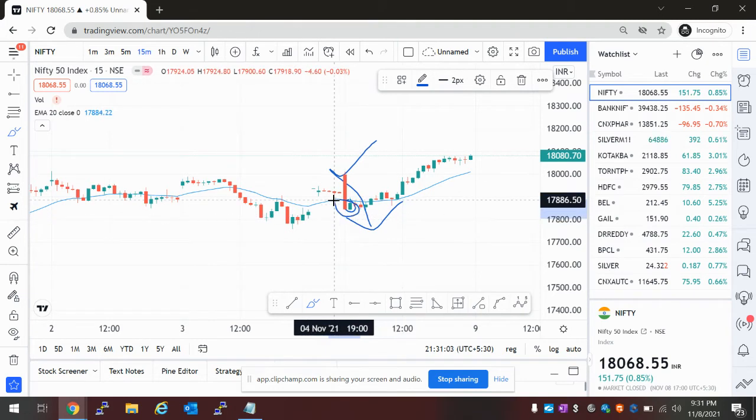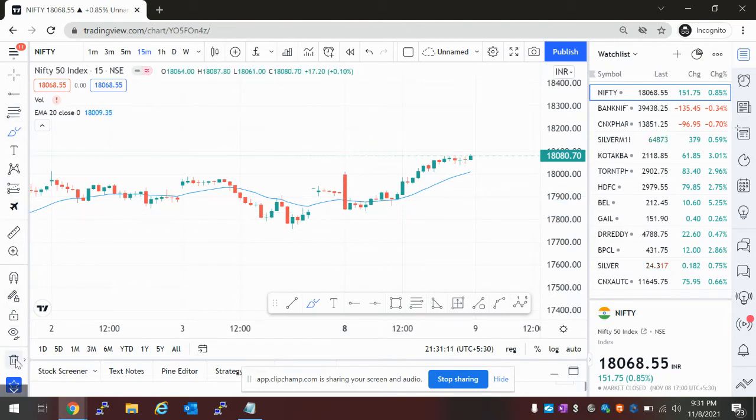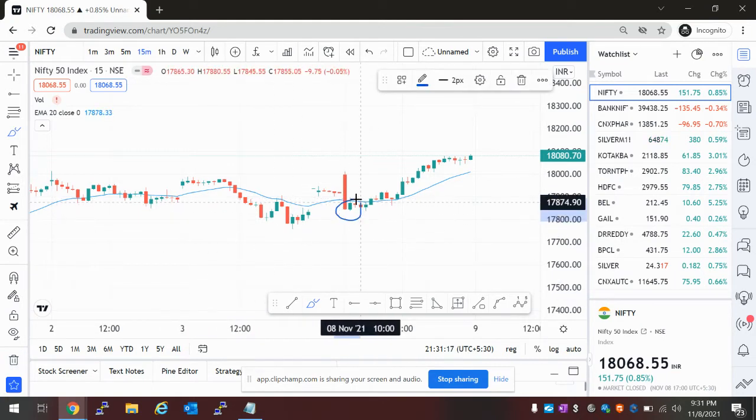You are not going to sell further because of it. So this green candle is becoming a decision-taking candle.